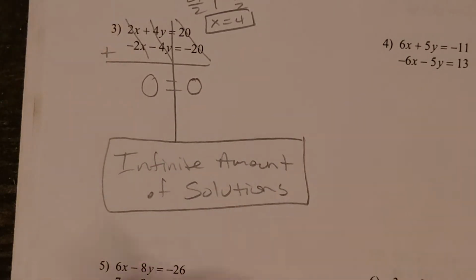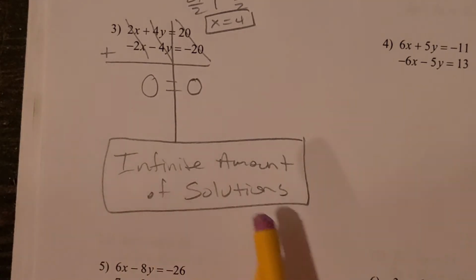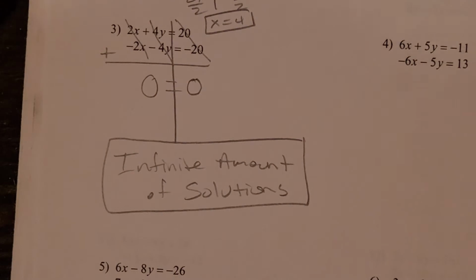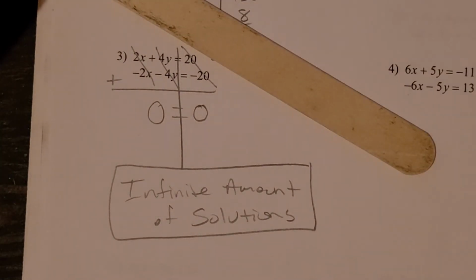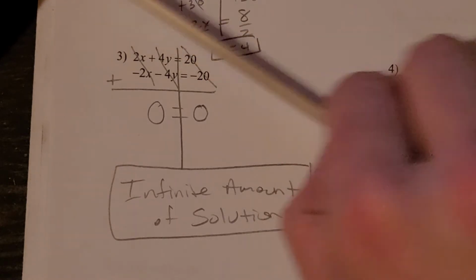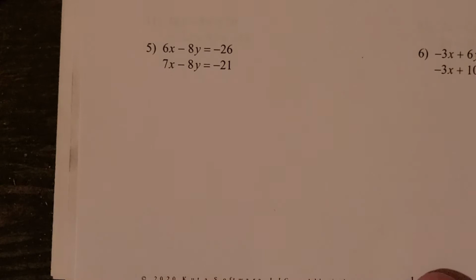Don't forget, sometimes it's called infinitely many solutions or infinitely many amounts of solutions. It almost always says infinite something solutions, okay? That's it. Now look at how much work I didn't have to do here. I added everything together. I got 0 equals 0. Boom. Done.